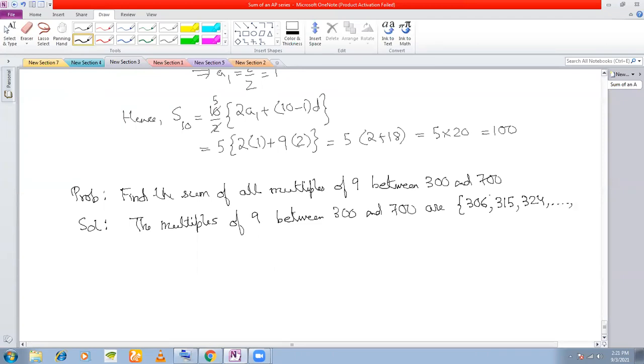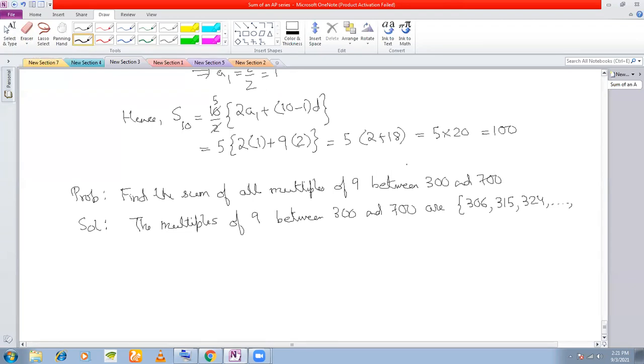And what should be the last one? Just a number just below 700. Which number just below 700 is divisible by 9? 699? The sum of the digits is 24. No, 24 is not divisible, so 699 is not divisible. 698, is it divisible?